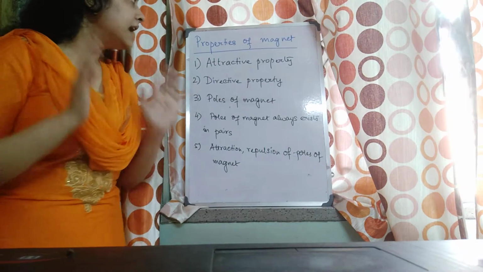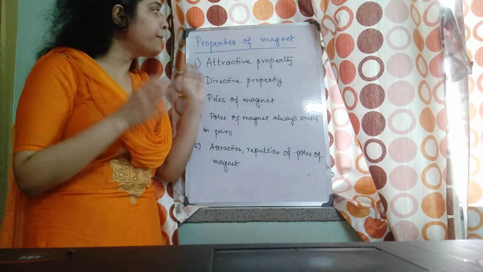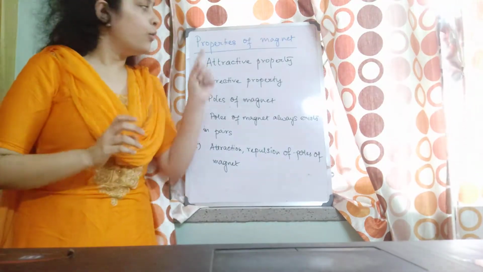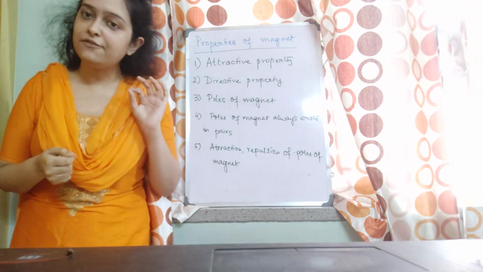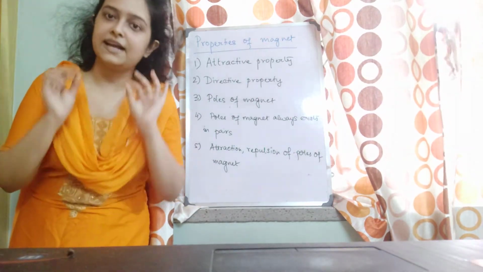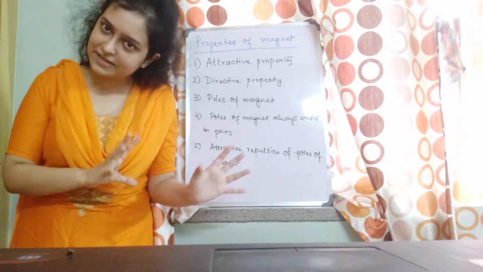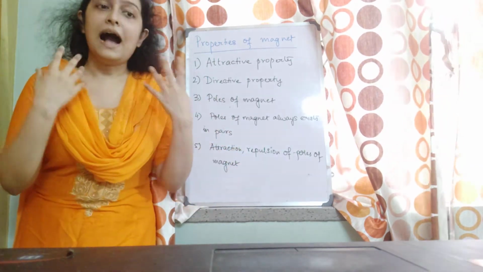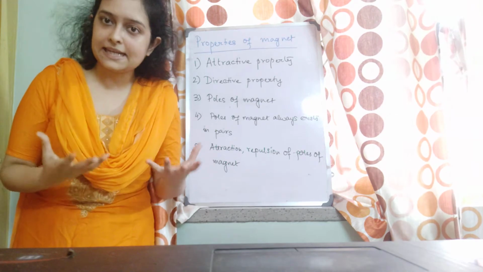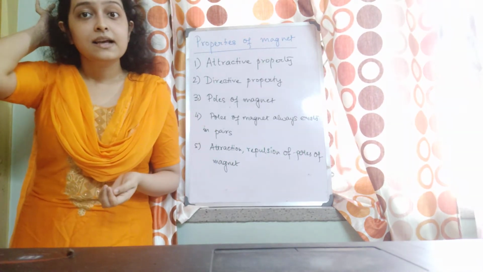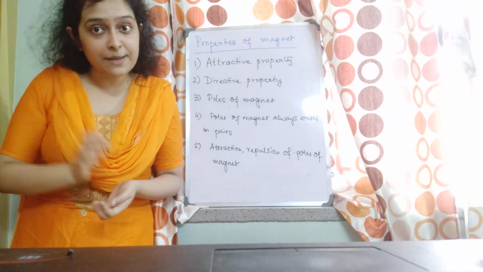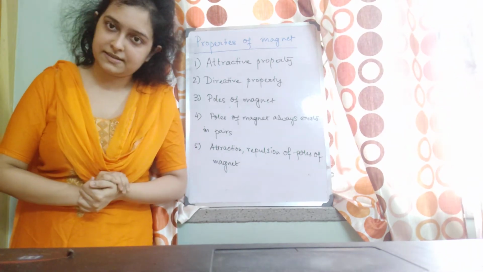Now let's learn about the properties of a magnet. What is the first property? Attractive property. This we have just learned, that a magnet can attract magnetic substances like iron, cobalt, nickel, or alloys made of them, right? And which substances won't be attracted by a magnet? The non-magnetic substances.